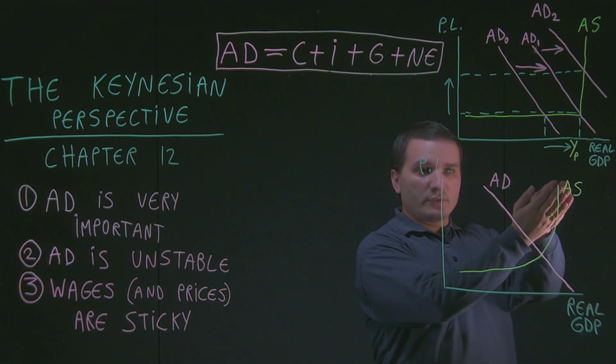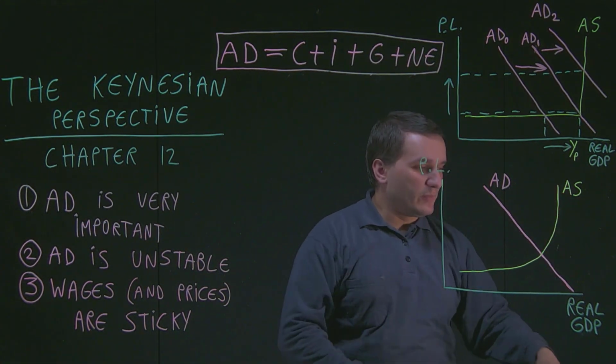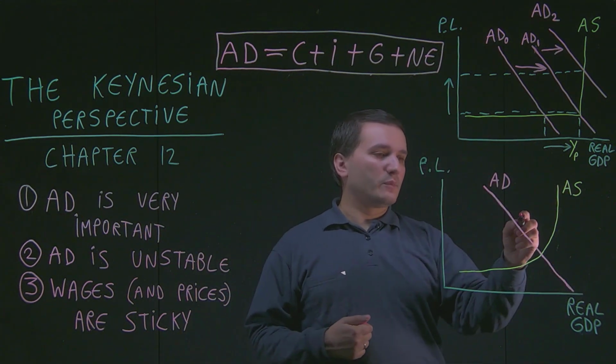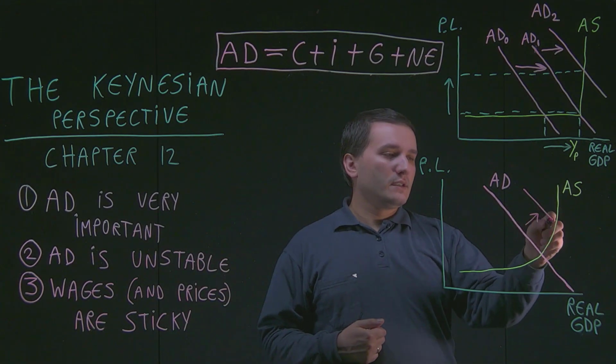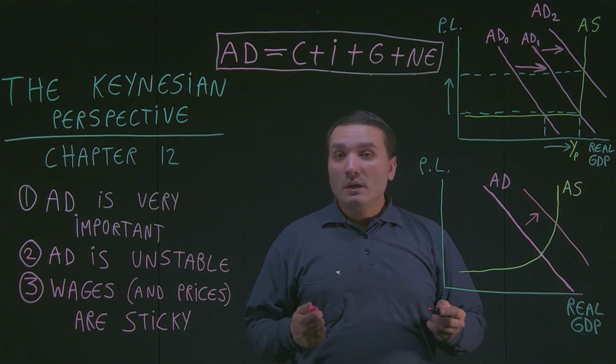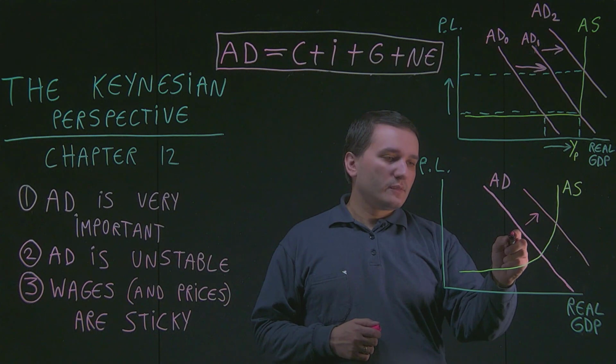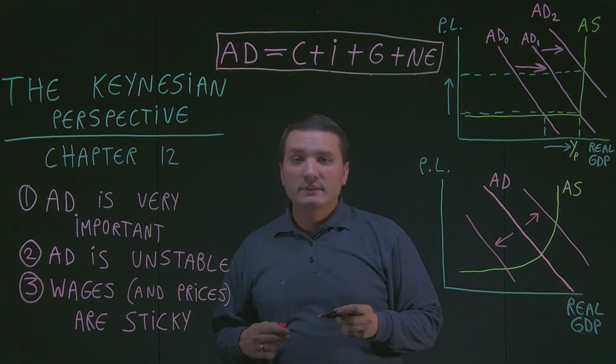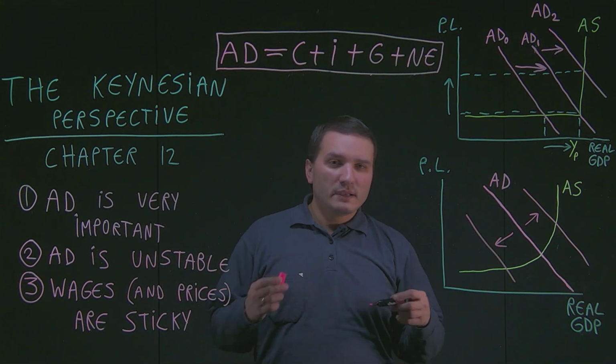And we can choose where we want to be depending on where we put our aggregate demand curve. We can move it a little bit this way, and that would give us more inflation, less unemployment. We can move it a little bit this way, and that will give us more unemployment, less inflation. So there's this trade-off.